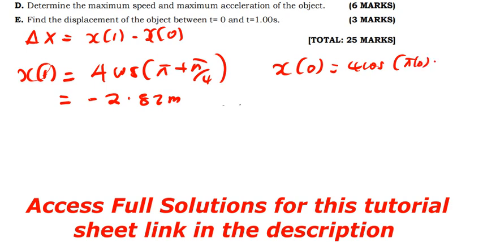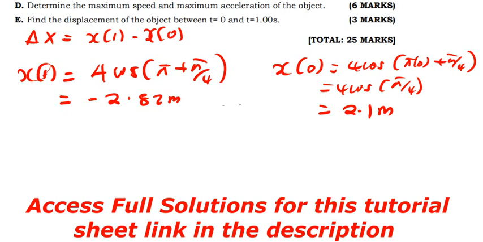Then we also find it when t is 0, so it will be 4 cos pi times 0, which is 0, plus this. So it will be 4 cos pi over 4, because this is going to give me 0. So 0 plus pi over 4 is pi over 4. This should give me 2.1 meters. Now the change in x will be equal to negative 2.82 minus 2.1.